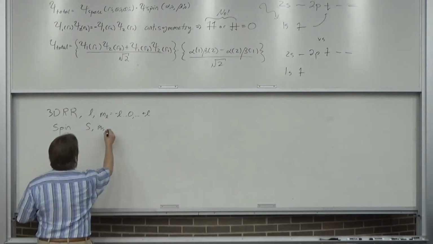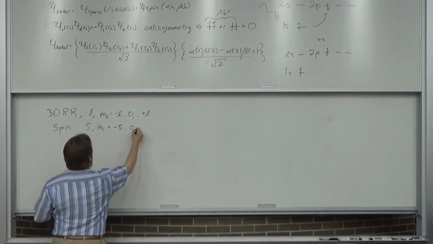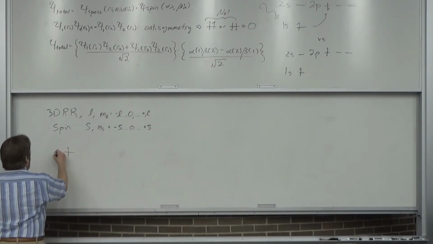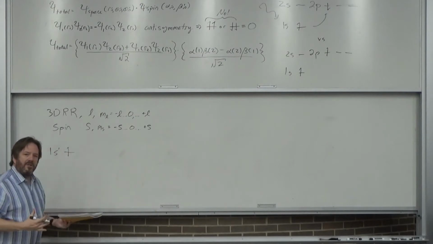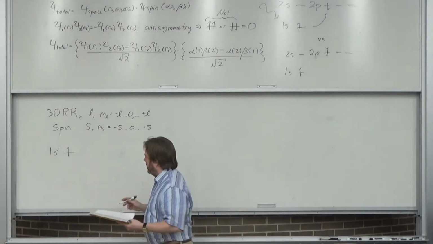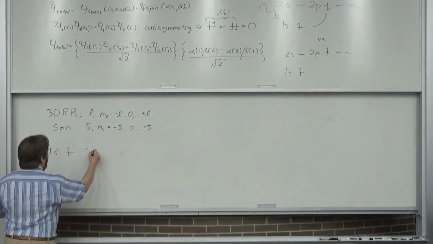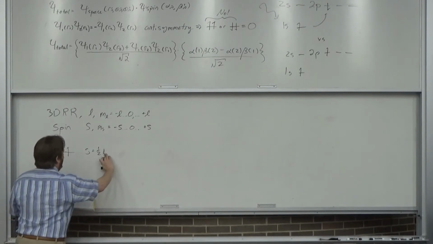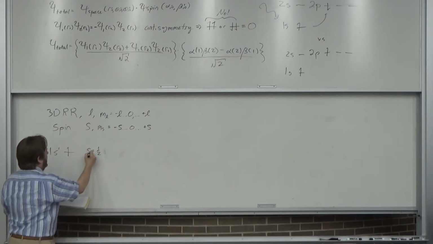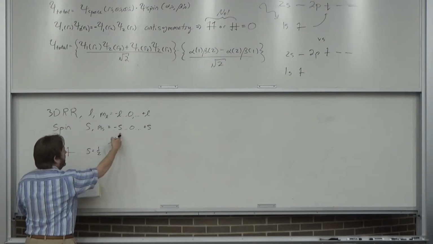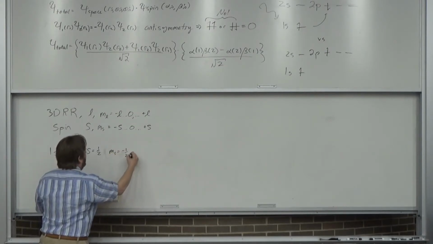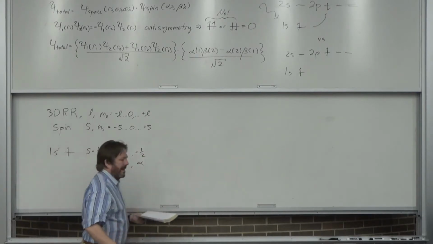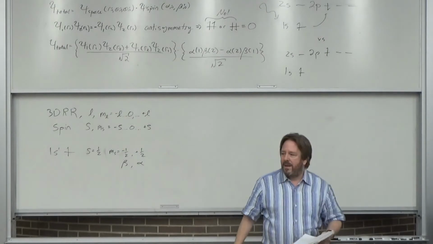And those, like before, go from minus S to 0 to plus S. Now for a hydrogen atom, we didn't really worry too much about spin up or spin down, but the S is 1/2, technically 1/2 h bar. As I mentioned before, we often just forget the h bar. Everything has got h bar on it. Okay, that means the M sub S, if you look at this rule, has to be minus 1/2 or plus 1/2. Right, now that's beta and that's alpha. That's spin up, spin down. That's where we get that from.